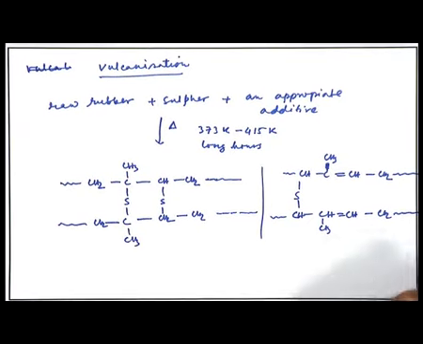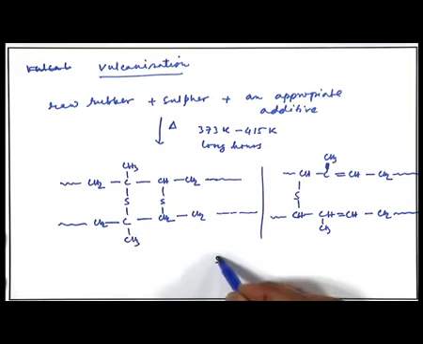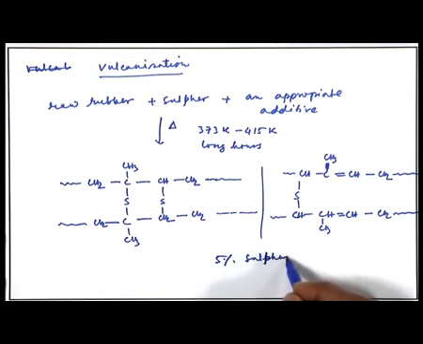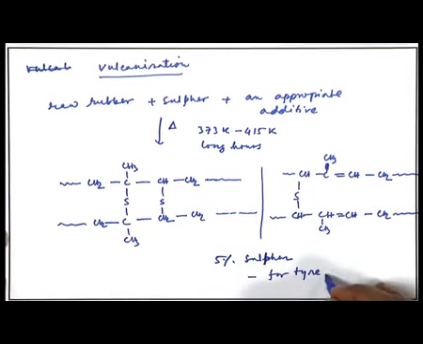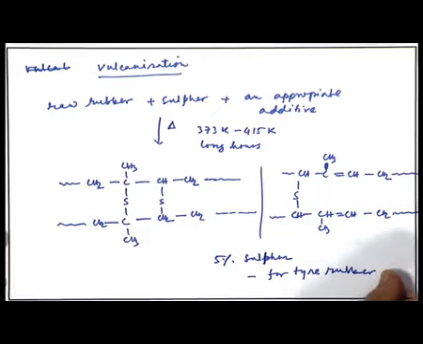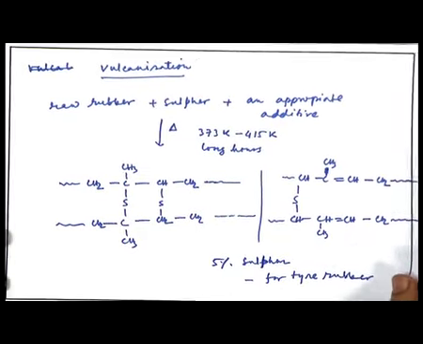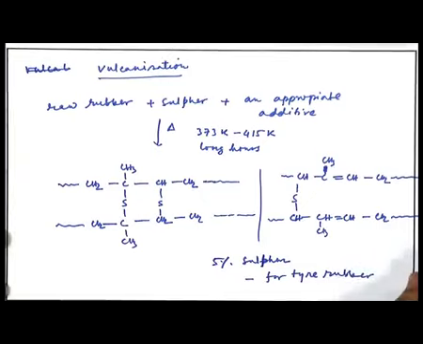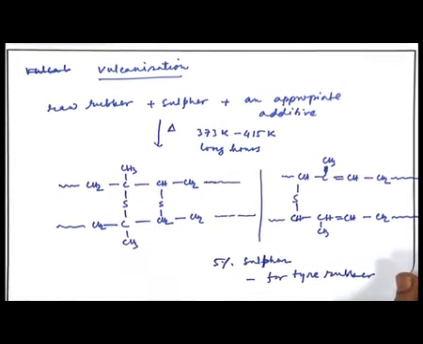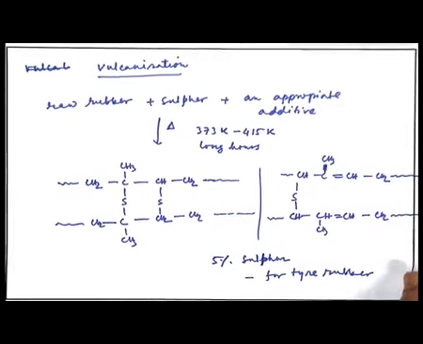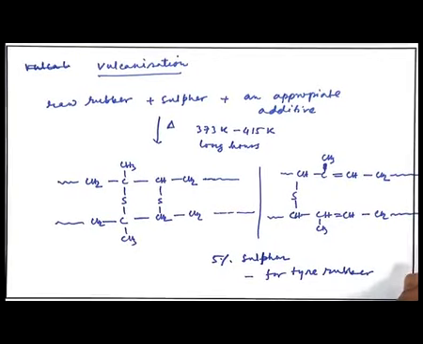And if you add 5% sulfur, it cross links heavily and can be used for tire applications. So, it becomes tire rubber, and it becomes resistant to a lot of chemicals, solvents and all these things. So, this is what natural rubber is, and how its properties are improved by cross linking with sulfur, a process called vulcanization.